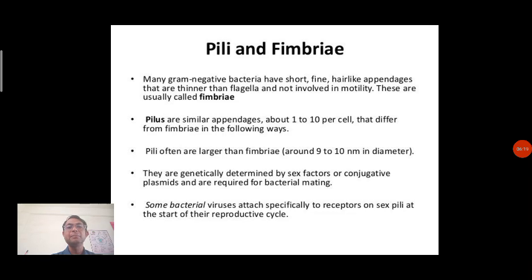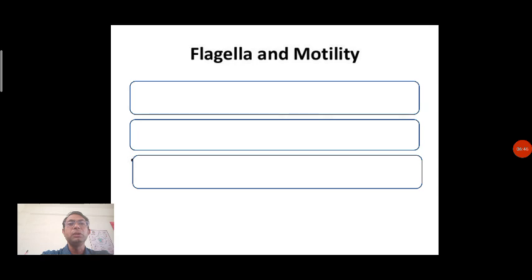Pili are similar appendages, about 1 to 10 per cell, and differ from fimbriae. So these are the two different organs, fimbriae and pili. They work for different purposes: attachment, and one acts in sex determination, helping in the reproductive cycle.